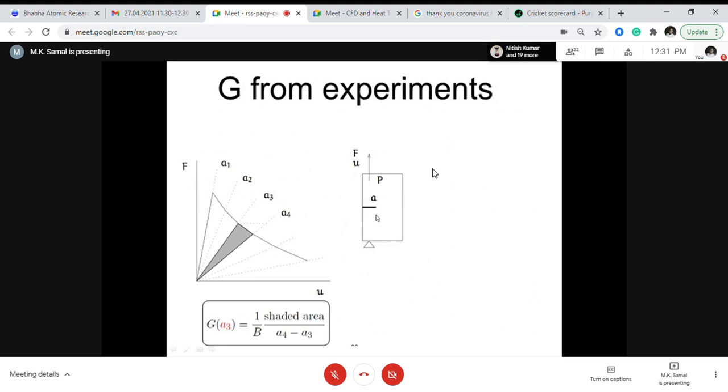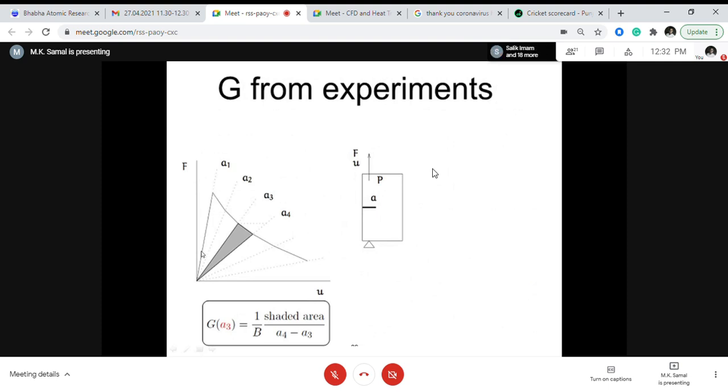So what will happen? Let us say the material is elastic. F is the force on the y-axis, U is the displacement. As we apply more and more force, you will get more displacement. The material is linear elastic, so you will get a straight line.